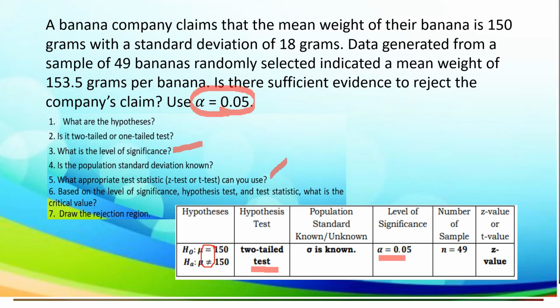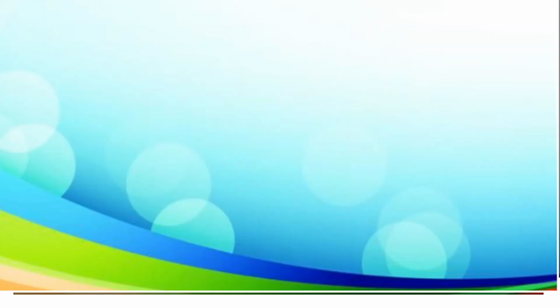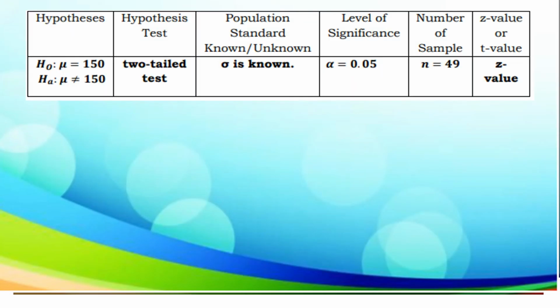Since the question is what appropriate test statistic should be used, and the population standard deviation is known and the given sample is greater than 30, the test statistic that would be used is the z-value.